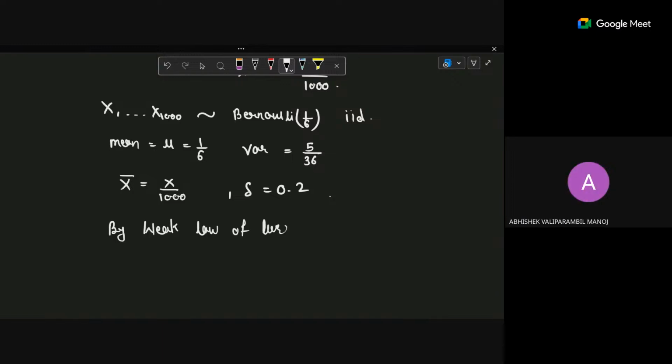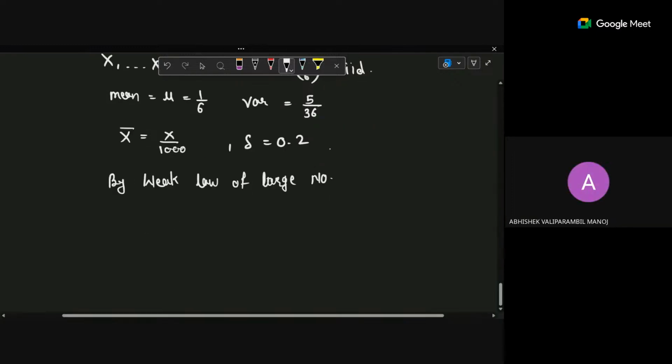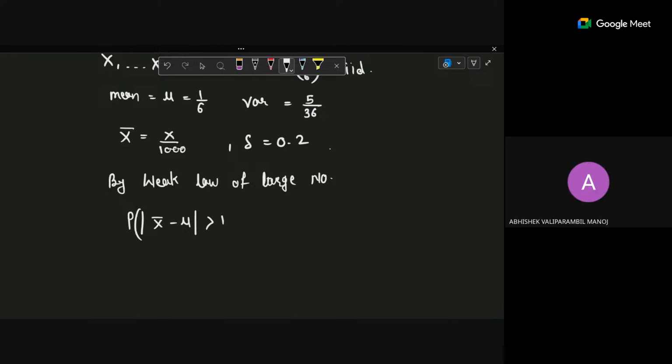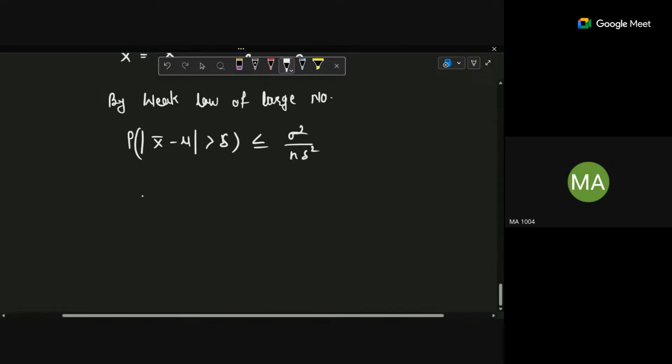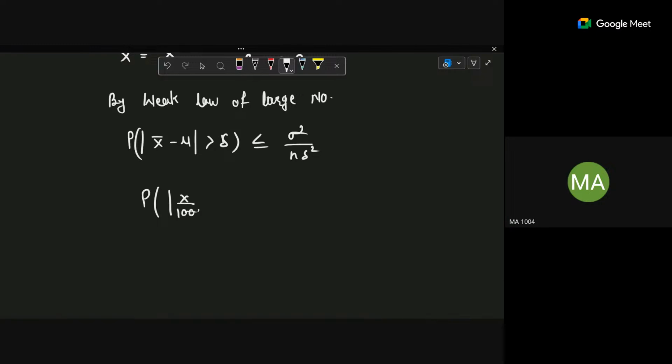The probability that x bar minus mu, that is x by 1000 minus 1 by 6, is greater than delta is less than or equal to sigma square by n delta square.